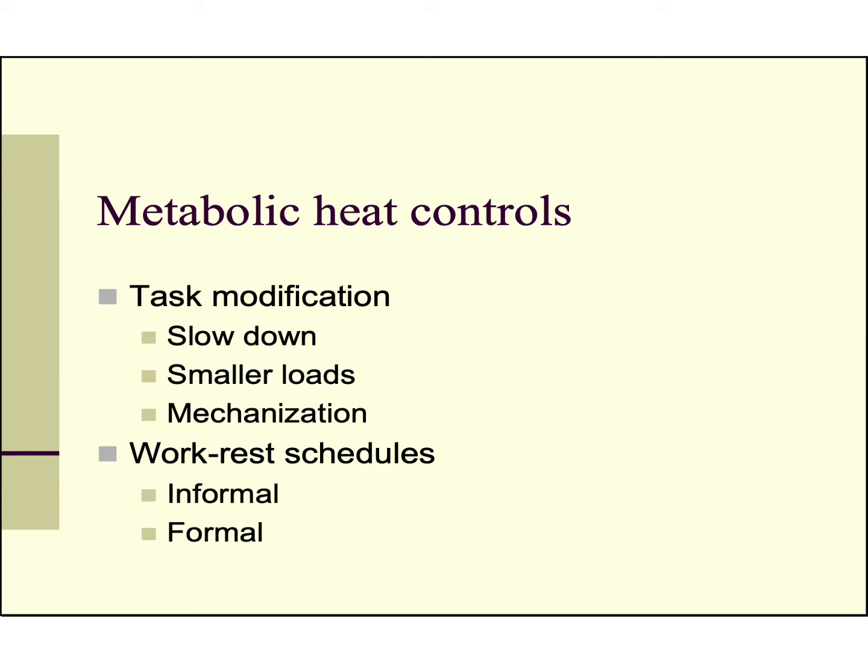If those aren't possible, then we can think of work-rest schedules, either informally or formally. If the person gets tired, they can stop and take a rest, for a few minutes or a longer period. Or if that, again, is not possible, then you have steady work for some period of time and then mandatory rest breaks. We'll be talking about that when we discuss the occupational exposure limit for heat stress.